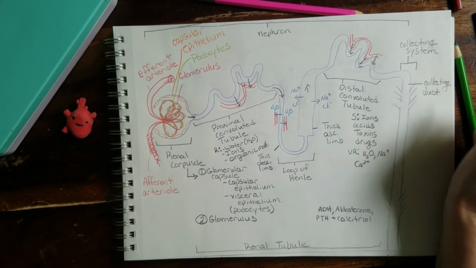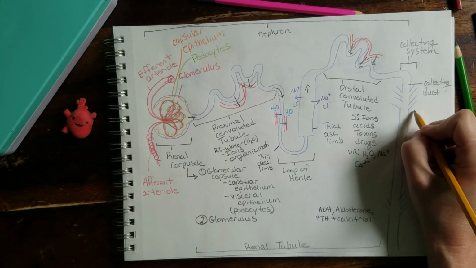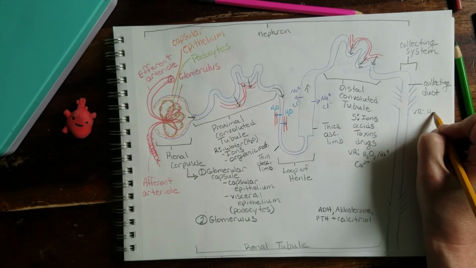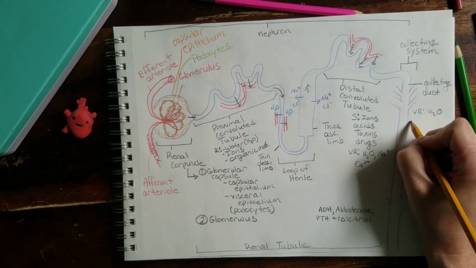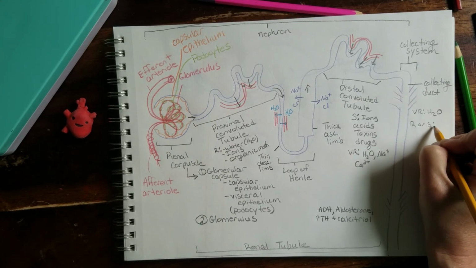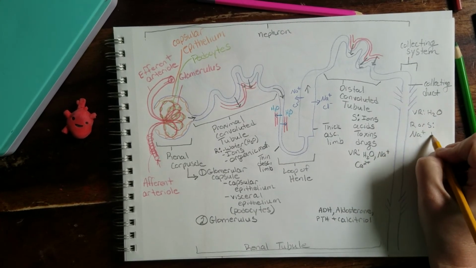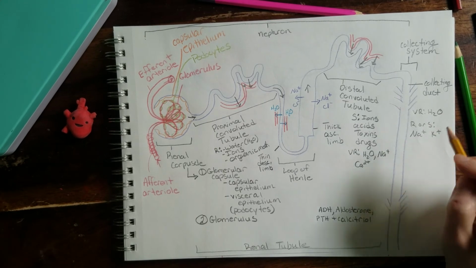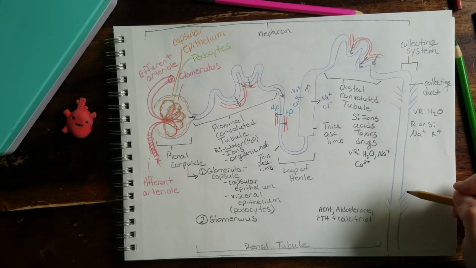Collecting duct. And in the collecting duct, what's going to happen is you will have variable reabsorption of water dependent on antidiuretic hormone, and you will get either reabsorption or secretion of the following. So sodium and potassium, and the hormone that will affect this will be aldosterone, but also your pH.